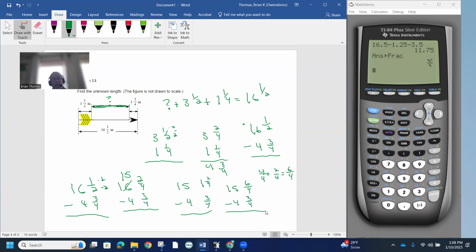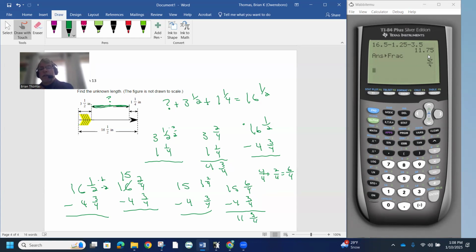Now the math is workable on paper. 6/4 take away 3/4 is 3/4. 15 take away 4, I'm sorry, how much would that be? That'd be 11, wouldn't it? So 11 and 3/4.